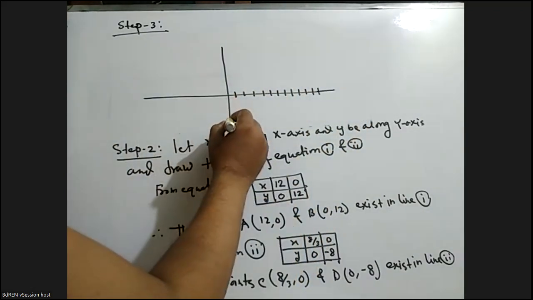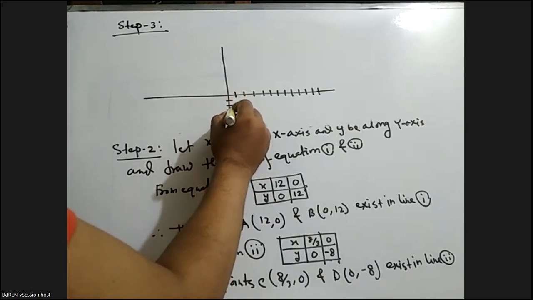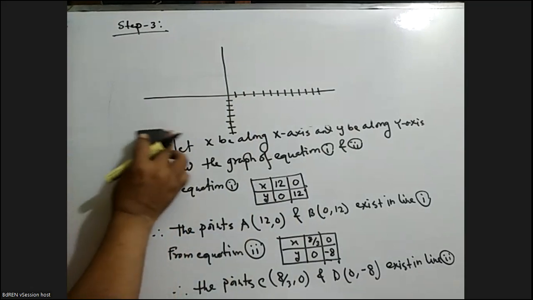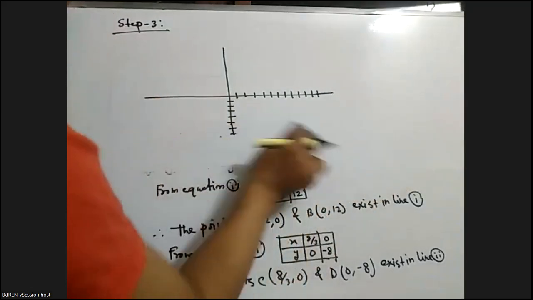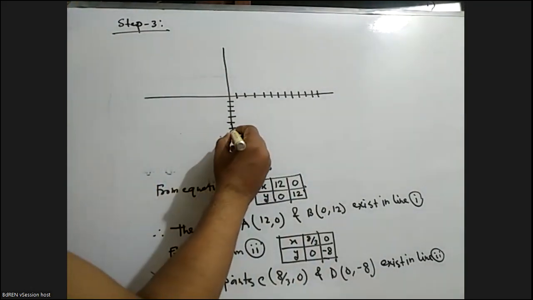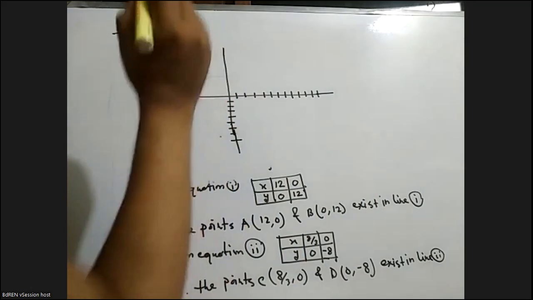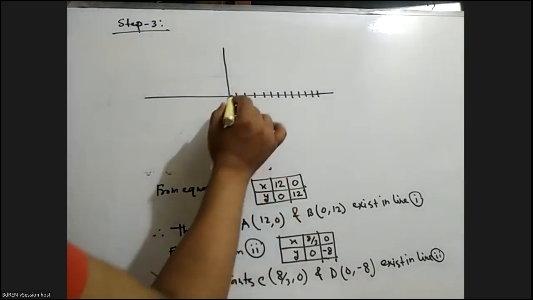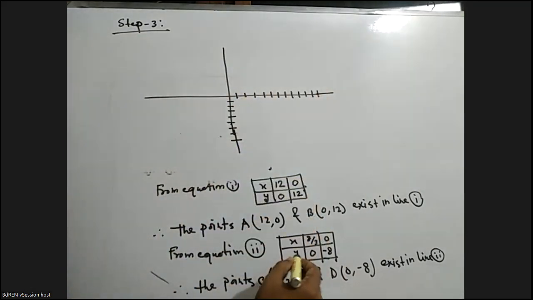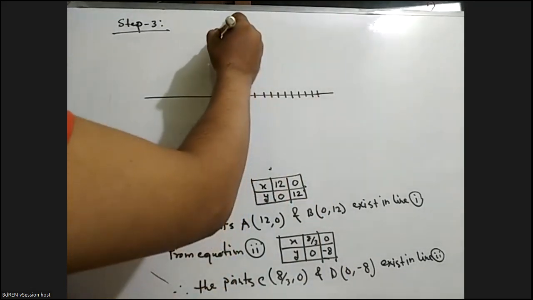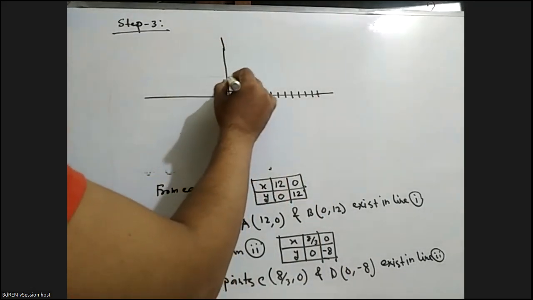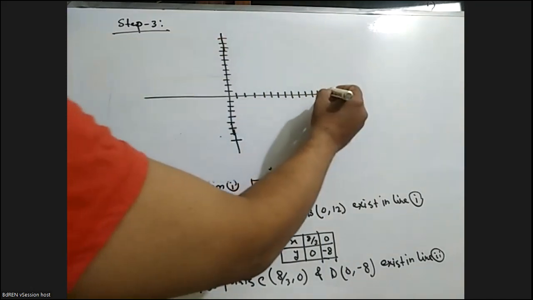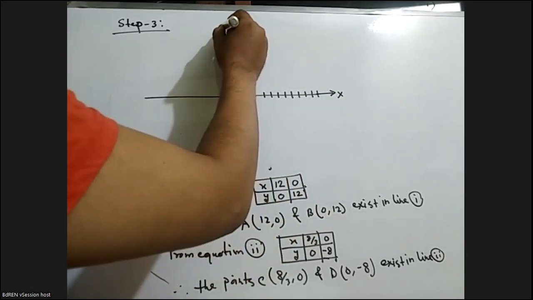Here the maximum value of x is 12, and the maximum value of y is also 12. This is the x-axis, and this is the y-axis.